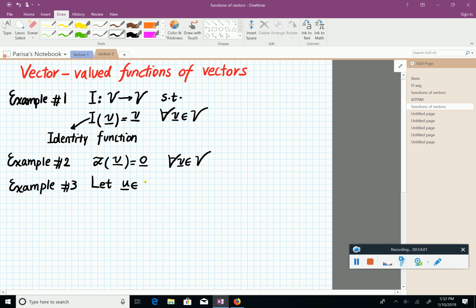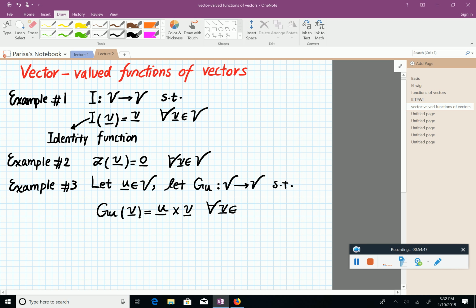We are engineers, so I allow myself not to be always mathematical. So it's G sub u, such that G sub u in this case is defined as, it takes u and the cross product of u with v.